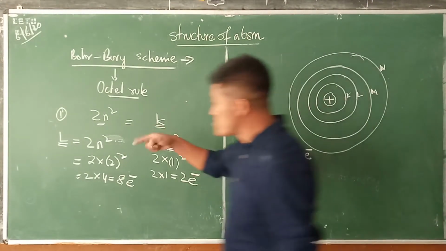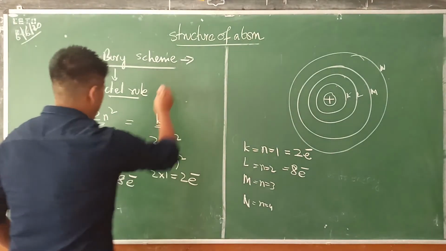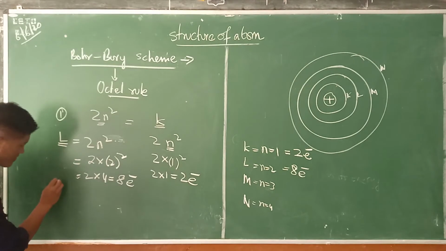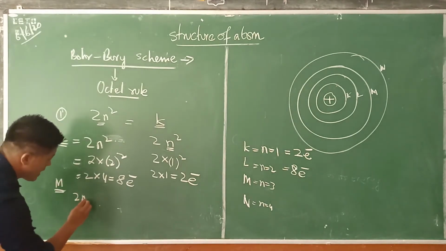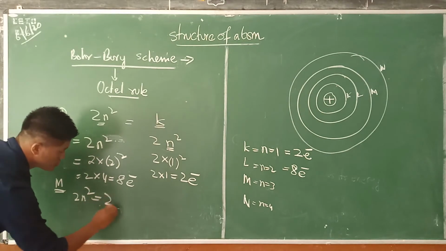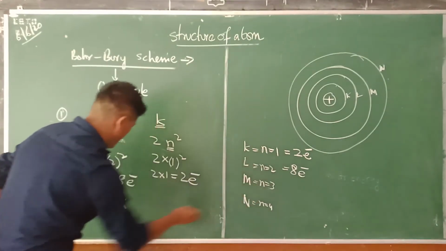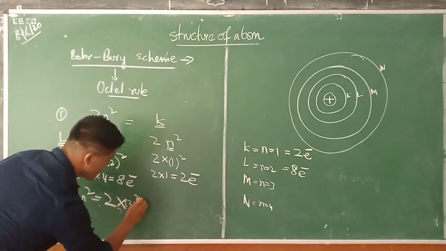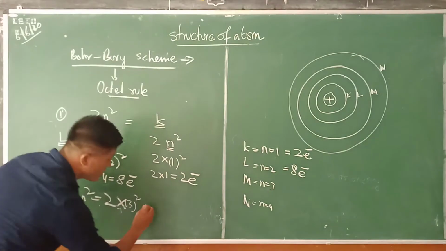Now this goes on. For the M shell, 2n squared is equal to 2 into 3 squared, since M is number 3. 3 squared is 9, and 9 twos are 18.